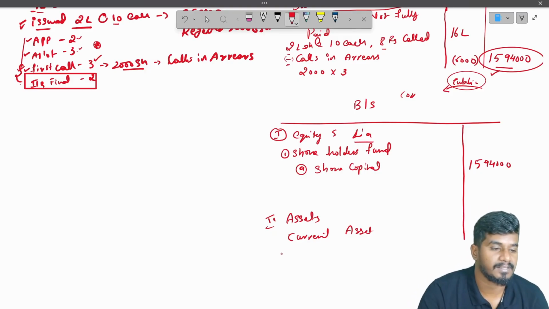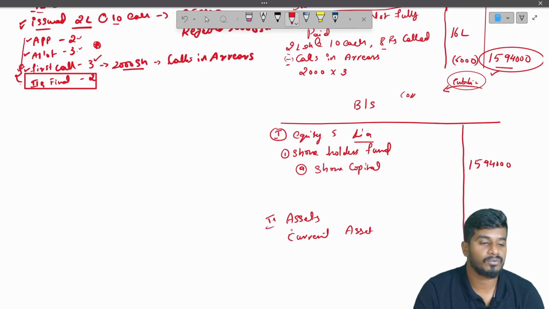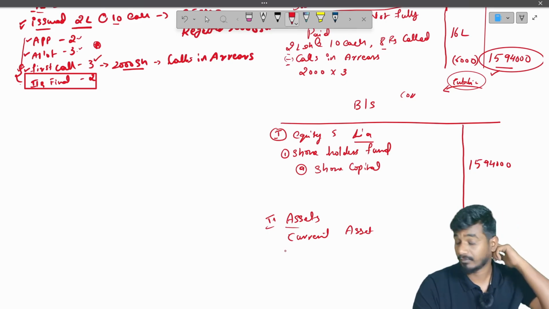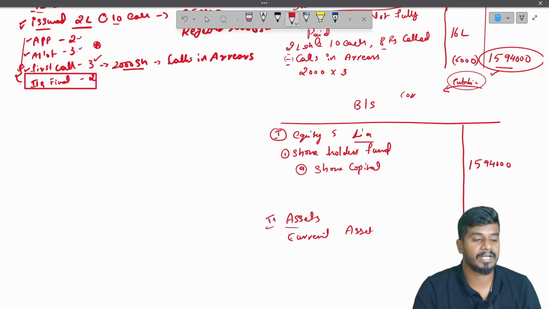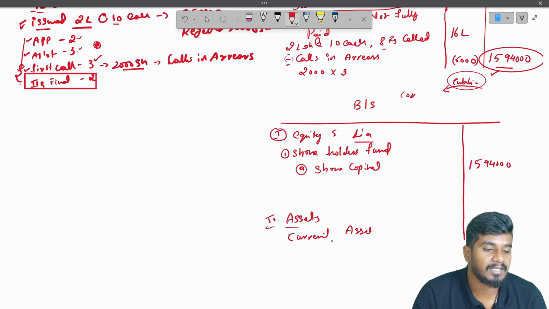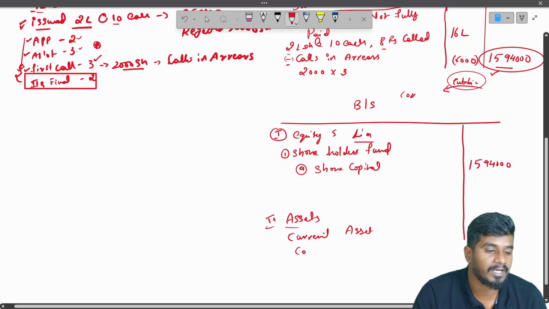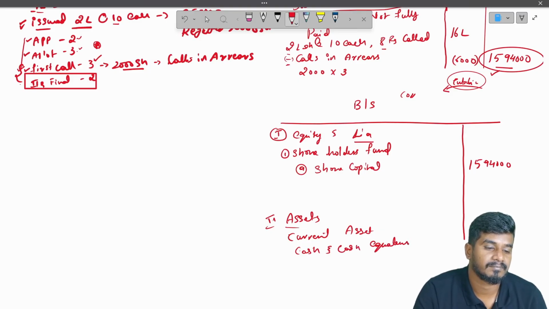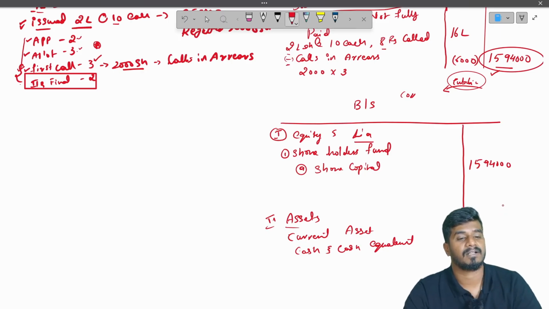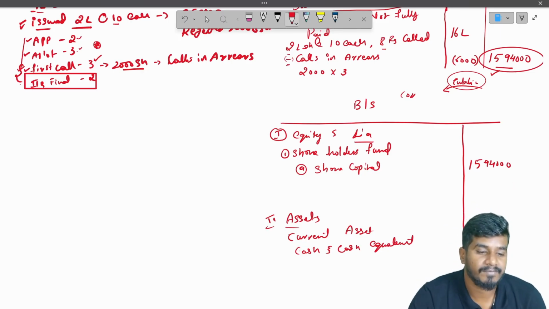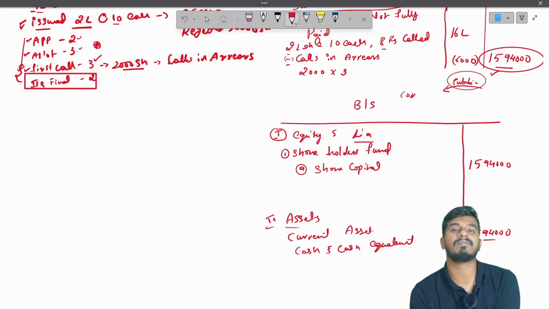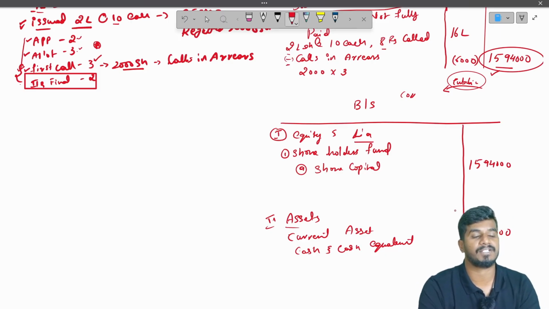So cash and all we can utilize within 1 year. Under current assets, we will record it as cash and cash equivalent. How much have we received? We have received 15 lakh 94,000. Correct. So this is how we will show it in the balance sheet.